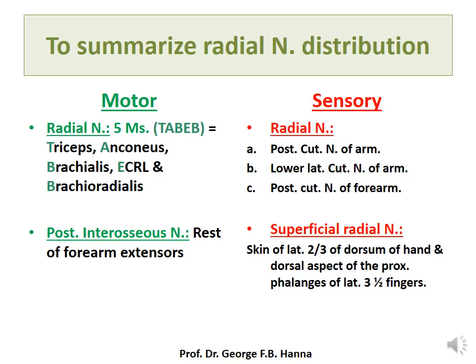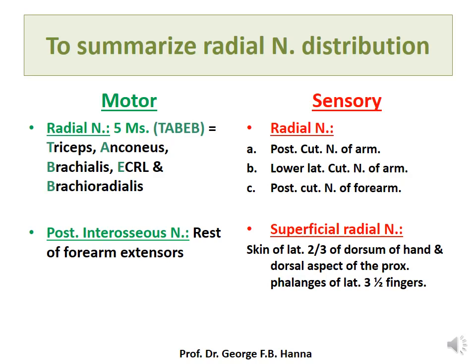T stands for triceps, A stands for anconeus, B stands for brachialis, E here stands for extensor carpi radialis longus, and then B here stands for brachioradialis. While the posterior interosseous nerve supplies the rest of the forearm extensors except extensor carpi radialis longus.